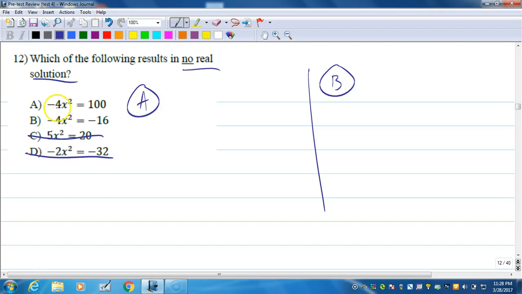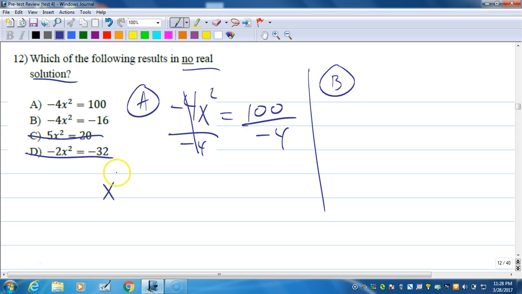Letter A says negative 4x squared equals 100. Solve for x pretty much. Well, divide by a negative 4, divided by negative 4. X squared is equal to 100 divided by negative 4, which is negative 25. Previously we said how to get rid of this little 2? You take the square root.